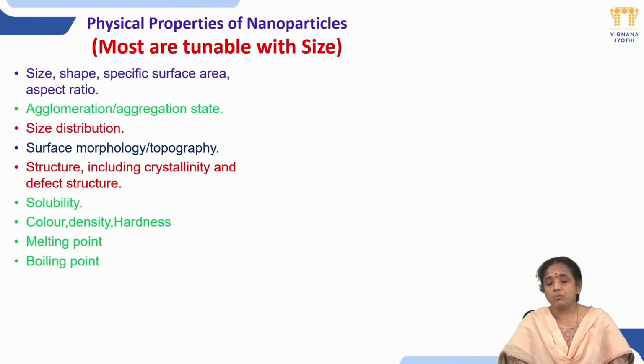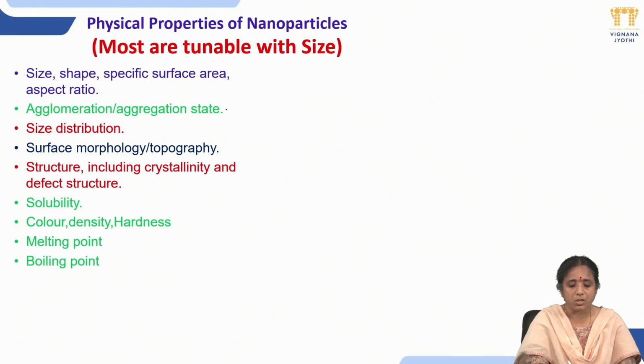The first and foremost important thing which we can observe when our material is in the nanoscale is the color. Color is a property which we can observe at a glance. And the second one is you can observe size, shape, surface area, aspect ratio, agglomeration, aggregation, size distribution, surface morphology. Surface will change, so structure will change.